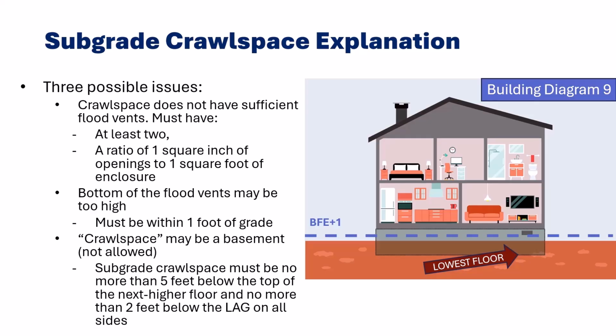The crawlspace floor must also be no more than 2 feet below the lowest adjacent grade, no more than 2 feet deep, and no more than 5 feet between the crawlspace floor and the next higher floor. Any deeper than that, or any taller than that, and you have a basement building, diagram 2A or 2B. That means you'll need to pay close attention to any proposed subgrade crawlspace buildings to make sure that they stay within the parameters outlined in your ordinance or resolution.